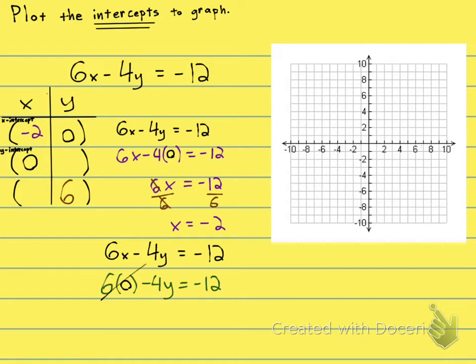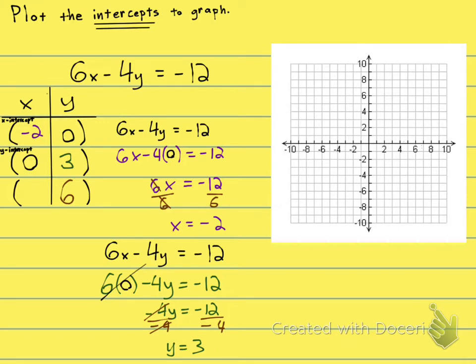So on the left-hand side, I have negative 4y equals negative 12. Divide both sides by negative 4 to get that grumpy y by itself. And here she is: y equals negative over negative is a positive. 12 divided by 4 is 3. So my y-intercept is 0, 3.